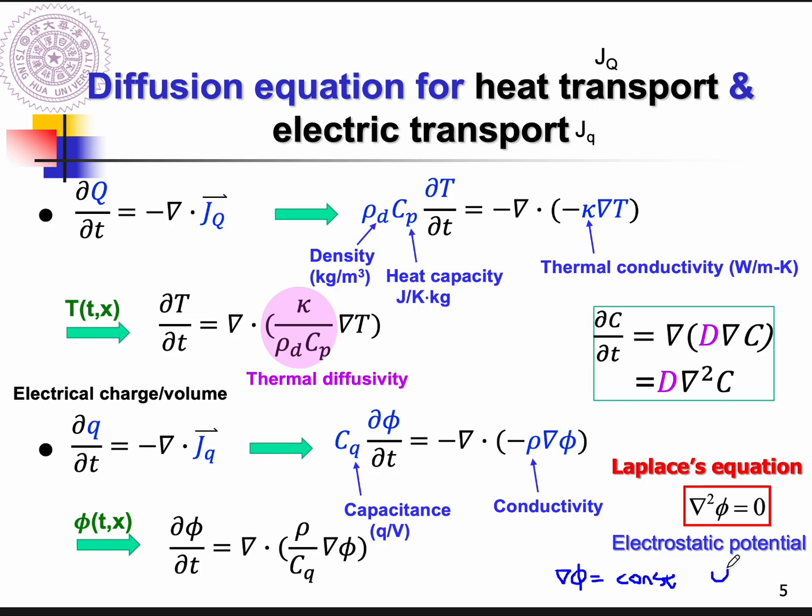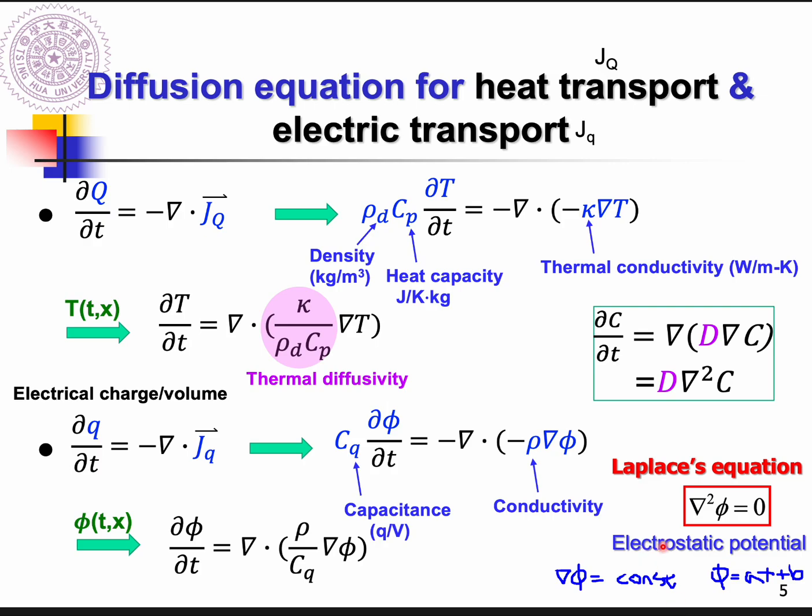So phi can be what? Phi is not equal to 0, right? Phi can be ax plus b. So we do have an electrical potential gradient, right?